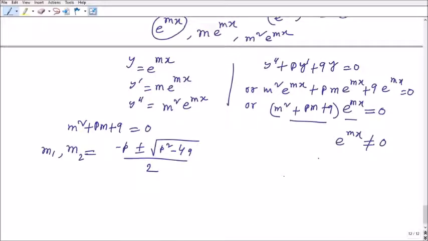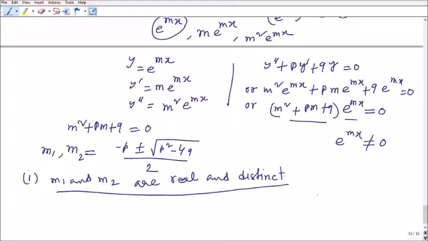So the first case: suppose m1 and m2 are real and distinct.